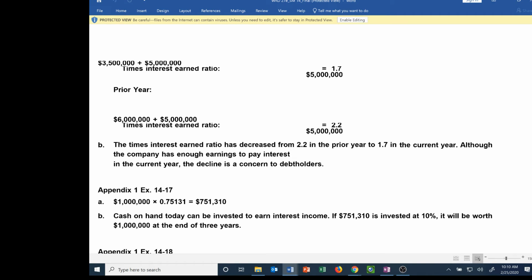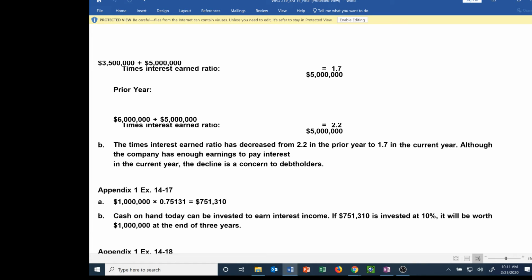Okay. Number 18. Determine the present value of 200,000 to be received at the end of each of 4 years using an interest rate of 7% compounded annually. All right. Now, when you get 200,000 at the end of every year, that's an annuity. You got to go to table 2 for the annuity, and find the decimal. 7% times 4 years.